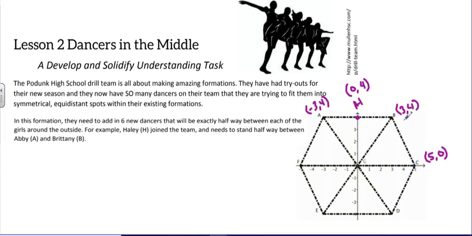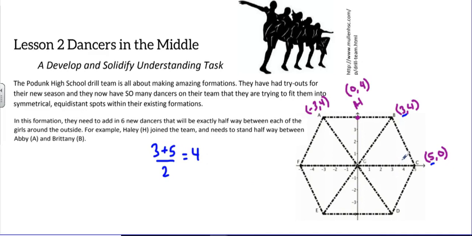So Brittany and Courtney, if we look at their x coordinates, 3 and 5, we want to find the middle between 3 and 5. So to do that, I'm going to average 3 and 5 because that'll give me the middle. So that means I add them together and then I divide by 2. So 3 plus 5, divide by 2, that gives me 4.